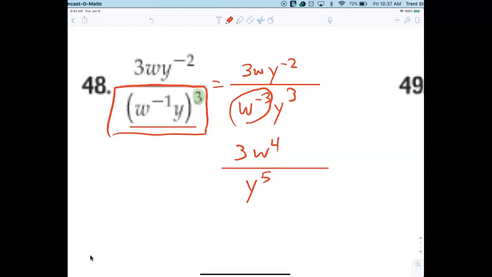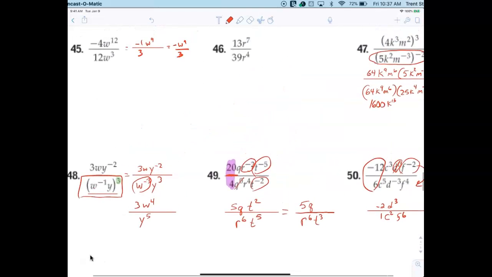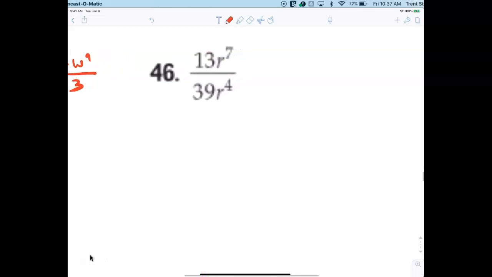All right, here we go. 46. 13 over 39. Do you know what that reduces to? Type it on your calculator and reduce it. Hurry up. 13 divided by 39.